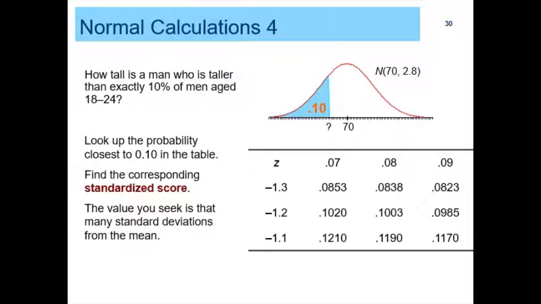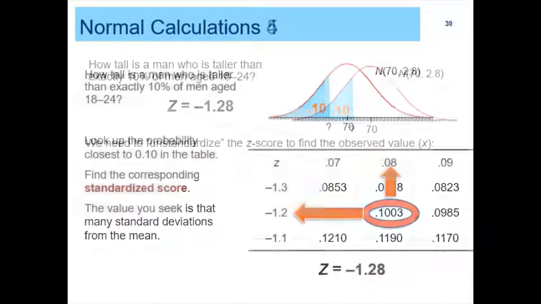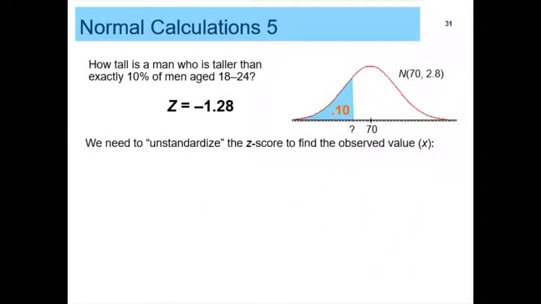So I think the nearest one is minus 0.1003. That is minus 1.28. So now we have the value of z, that is minus 1.28, and we need to unstandardize the z-score to find the observed value x.